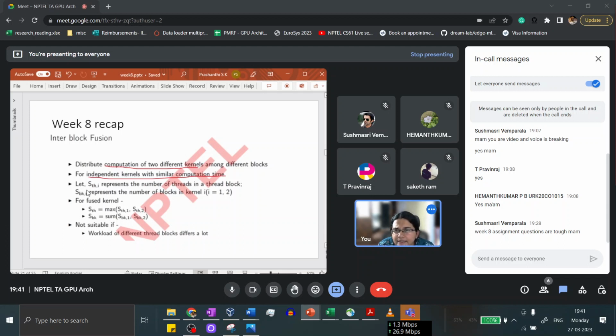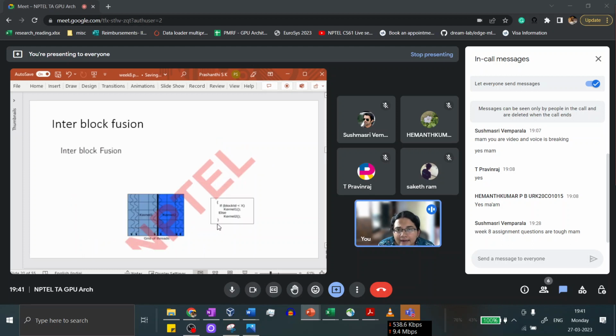And again we'll carry on with the same STH and SPK notation. So here we do the reverse. The number of threads is the maximum of the two, but the number of blocks is the sum of the two. Because remember now, if you had say 4 blocks for kernel 1 and 4 blocks for kernel 2, if I did max of kernel 1 plus kernel 2, again I am reducing the parallelism in the implementation, right?